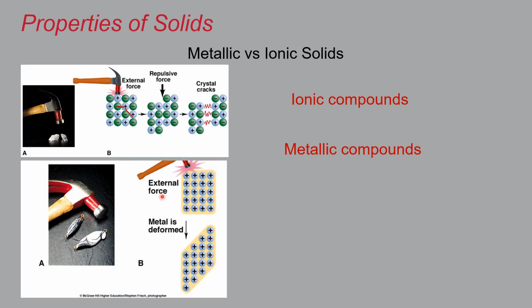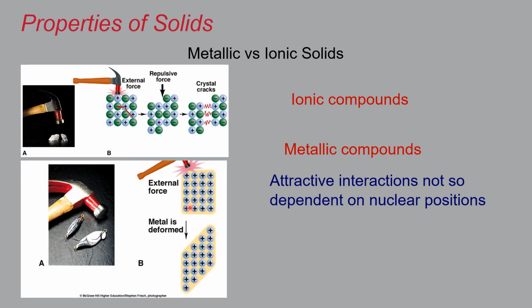Why don't metals do this? It's because of this whole electron cloud thing that they've got going. So in this case, the attractive interactions don't matter so much about where the nuclei explicitly are, because you've got a bunch of very fast, very free-roaming electrons that can move around instantaneously to adjust for any new repulsions that the nuclei can adopt.